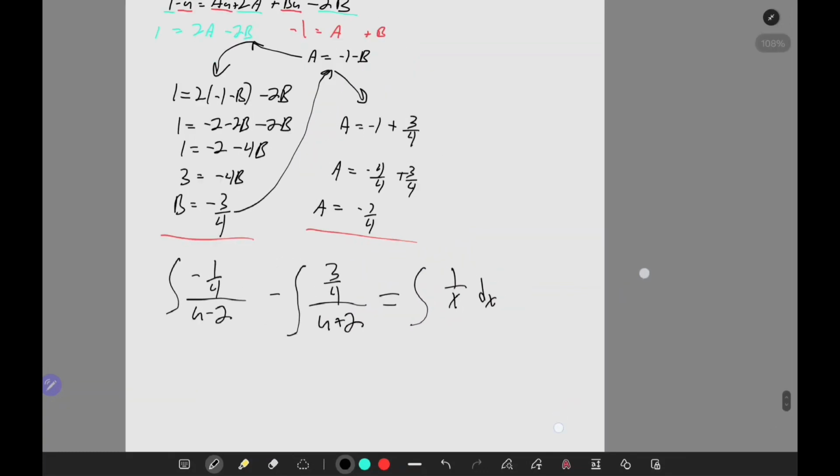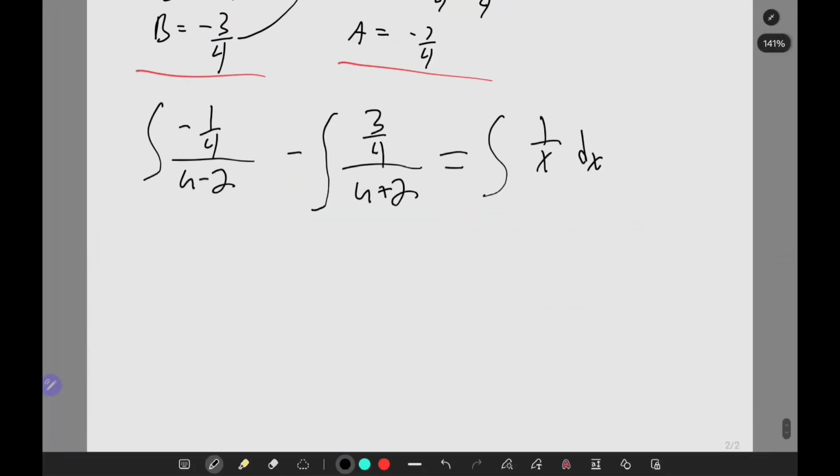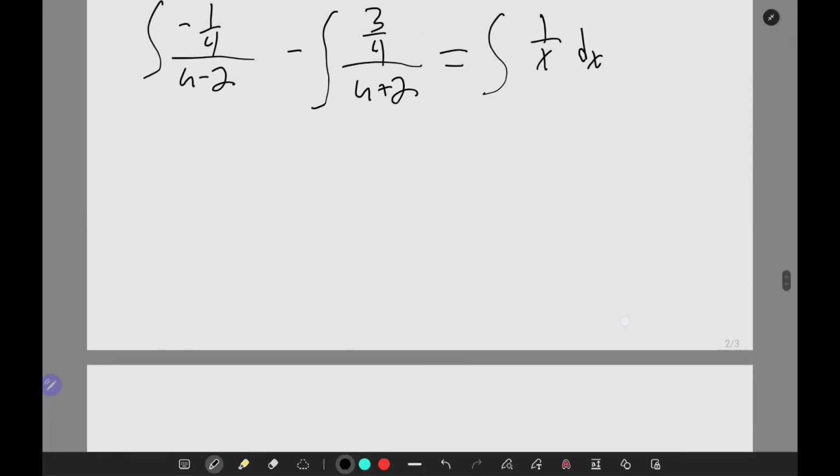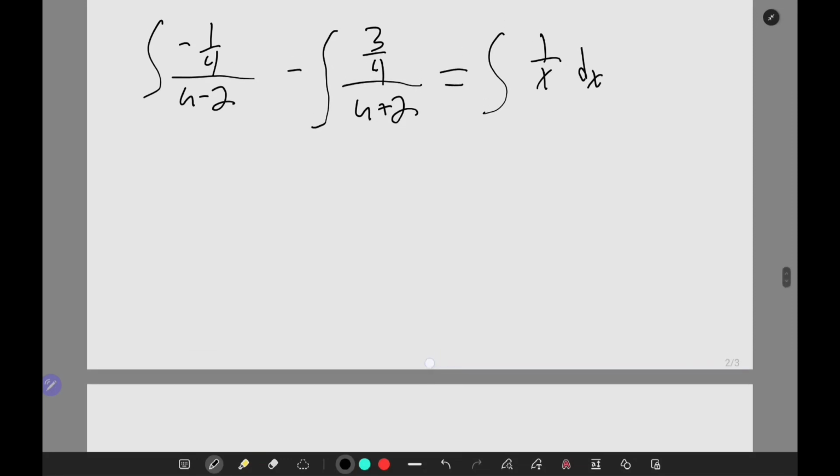Okay, so now this is where we're at. Let me move that down. Okay, so the right side is a very easy integration, but the left side is a little tougher. So this is a pretty hard example, by the way. So we can pull out, let me think about this.